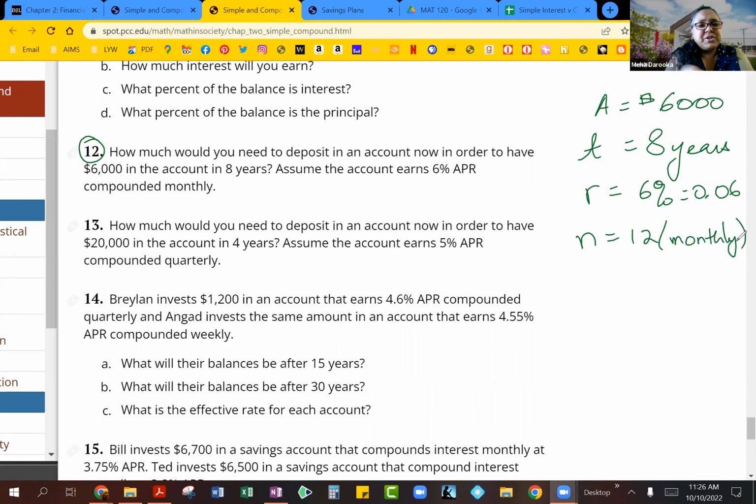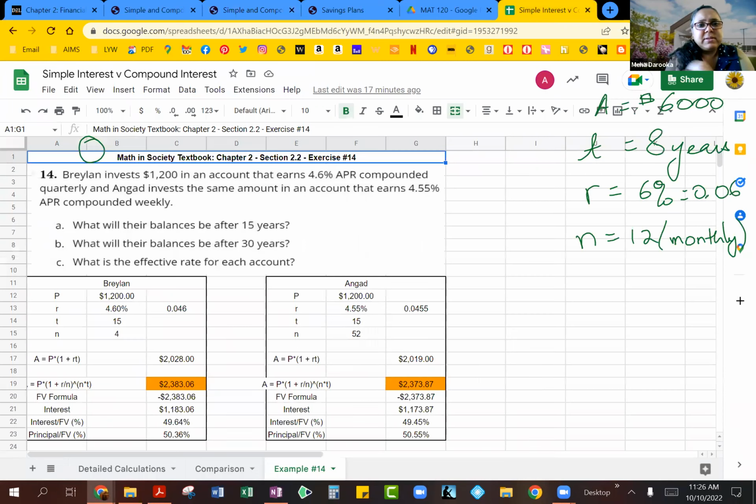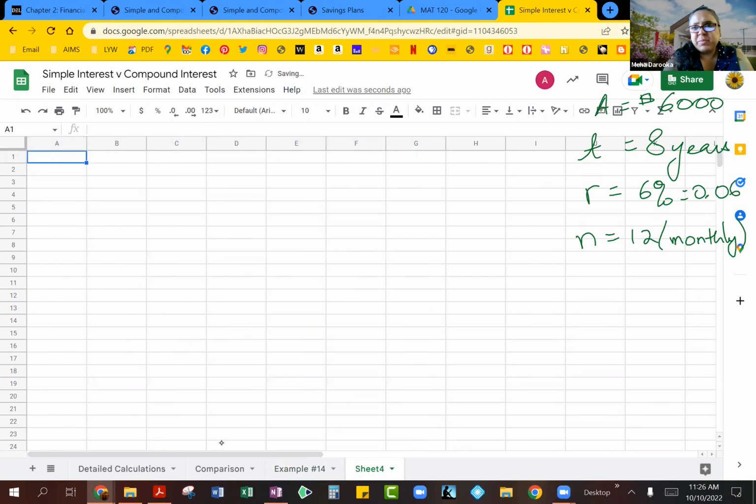So again, we're going to shift this over to our spreadsheet. So let's come over here. Okay, Sabrina, no worries. I'm actually just going to open up a new spreadsheet here.